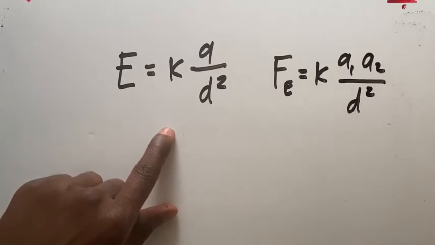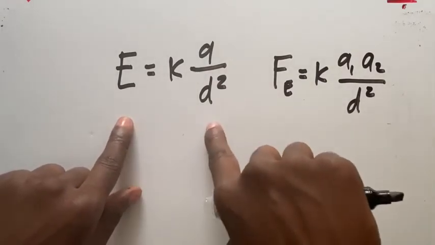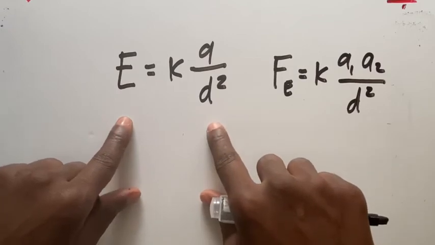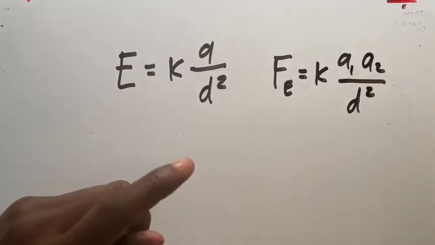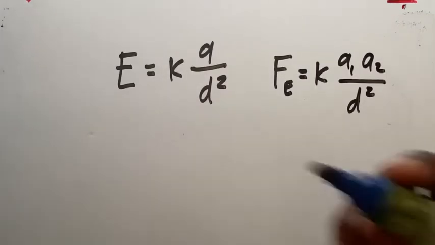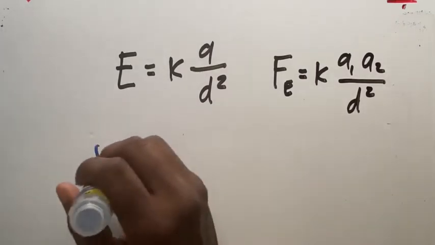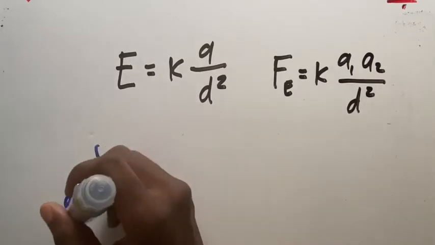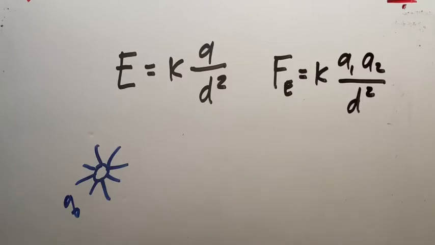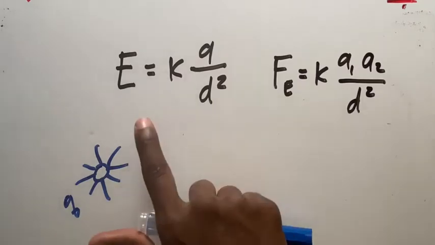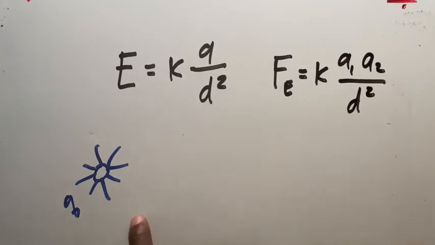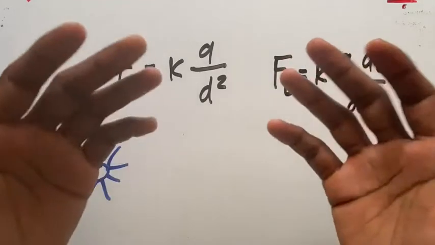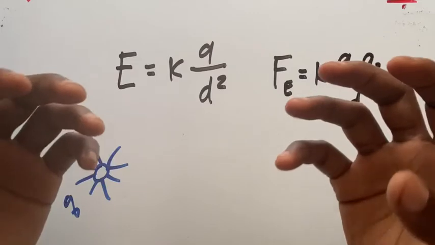So why is that? Well, the electric field is only talking about the one object. So we can have just one object by itself. All right, and let's say this is some charge Q. So this one object by itself has an electric field, but there is no electrical force happening because there's no other charge, right? There basically has to be two objects for there to be some type of interaction.